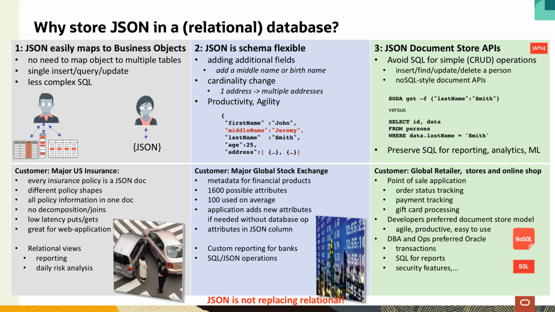And the third use case has a little bit to do with the first one, is also to get rid of SQL. At least for simple operations, this is something that NoSQL databases, especially MongoDB, have introduced, where if you just want to do a simple operation like insert a customer, find a customer, delete a customer, you don't want to write a SQL statement in a string, then have bind variables, prepare statement, execute, etc. Instead, just have a one-liner like put, get, find, etc. So it's the API.